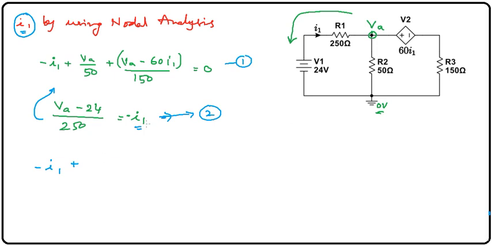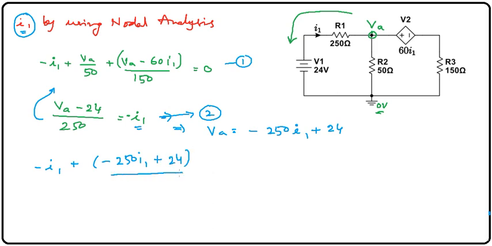That means VA, from equation 2, VA is equal to minus 250 I1 plus 24. So this is VA. So let me substitute here: minus 250 I1 plus 24 divided by 50 plus minus 250 I1 plus 24 minus 60 I1 divided by 150 equal to 0.